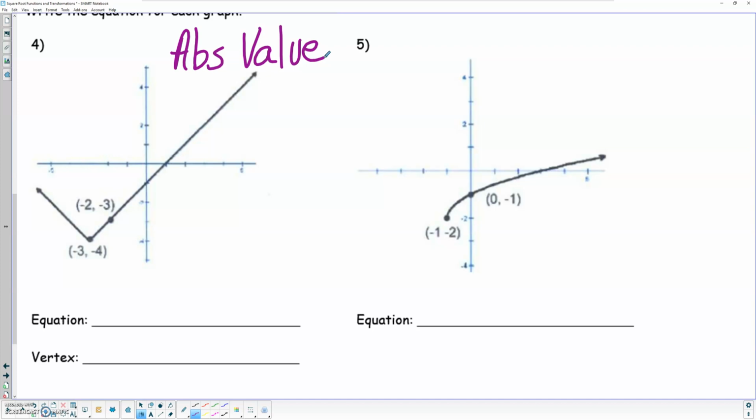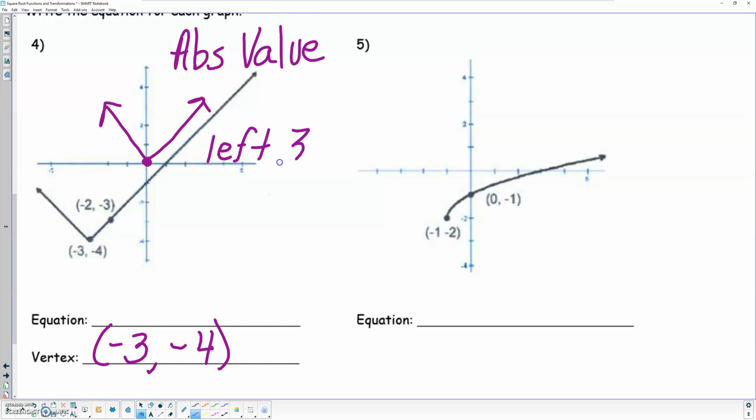All right, so typically an absolute value graph looks like this. So it looks like what happened here was I shifted left 3 and down 4, right? That's how they're getting the vertex, -3, -4. So we shifted left 3 and down 4.